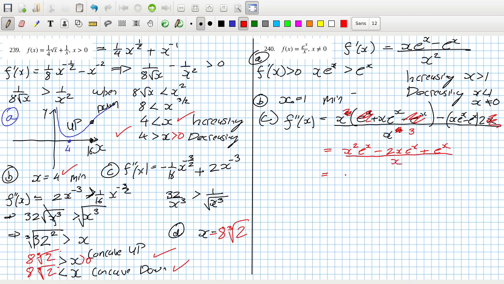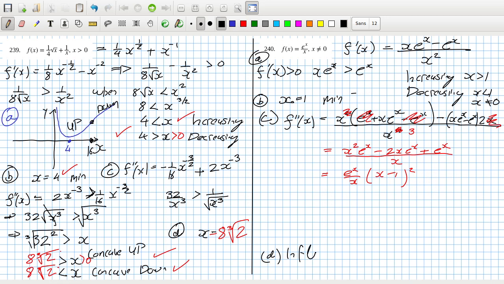So that will be ex over x times x squared minus 2x plus 1, which will be x minus 1 squared, which becomes not important, except for at the inflection point, actually.